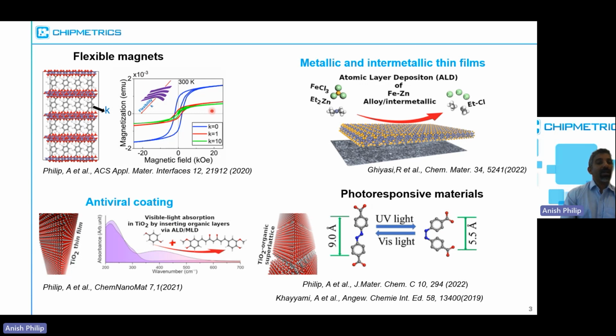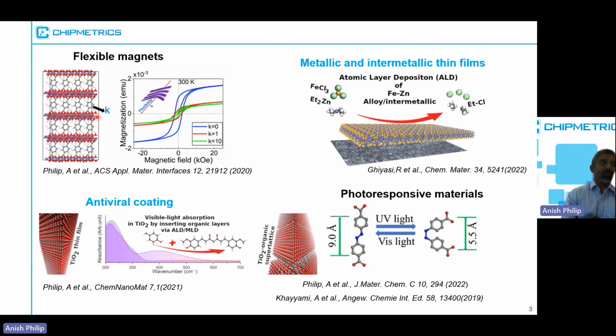In conventional magnets, they are very rigid. For applications such as flexible electronics, we need them to be flexible. So we developed a process for flexible magnets utilizing atomic layer deposition and molecular layer deposition.